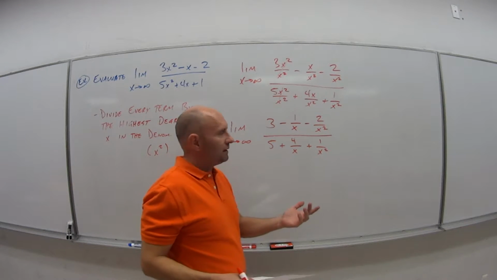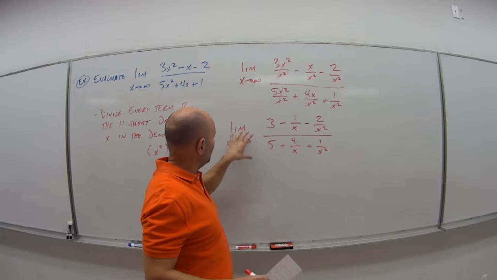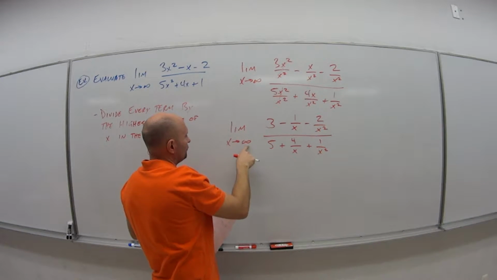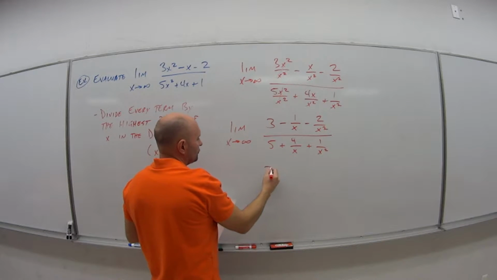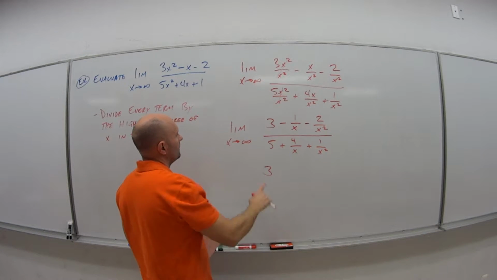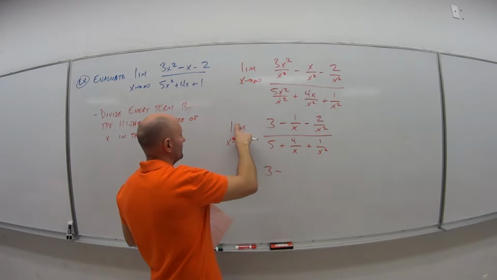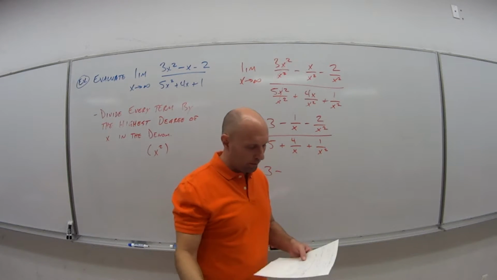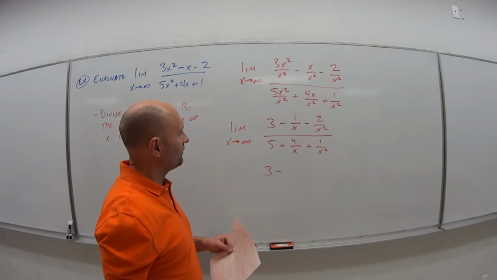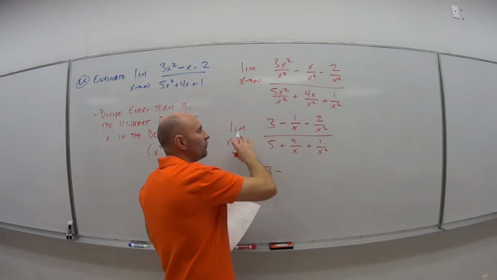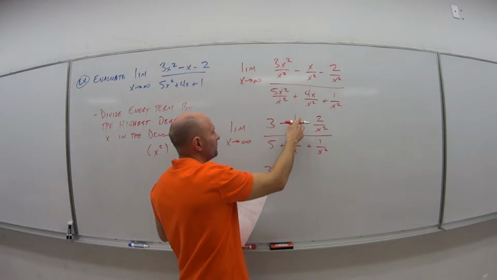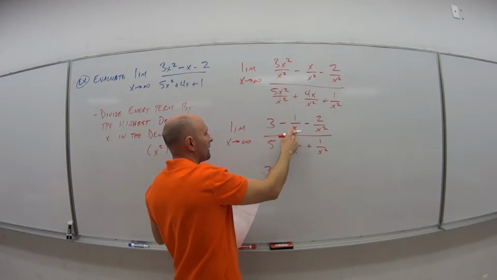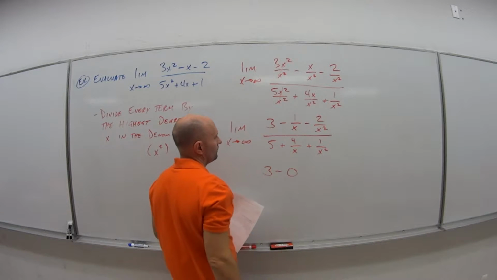So by the limit laws, I could distribute this limit to each piece. The limit as x goes to infinity of 3 is just 3. Minus the limit as x goes to infinity of 1 over x. Like the property I gave you at the end of video 2, no matter what power x is raised to, a number over x to that power is 0.